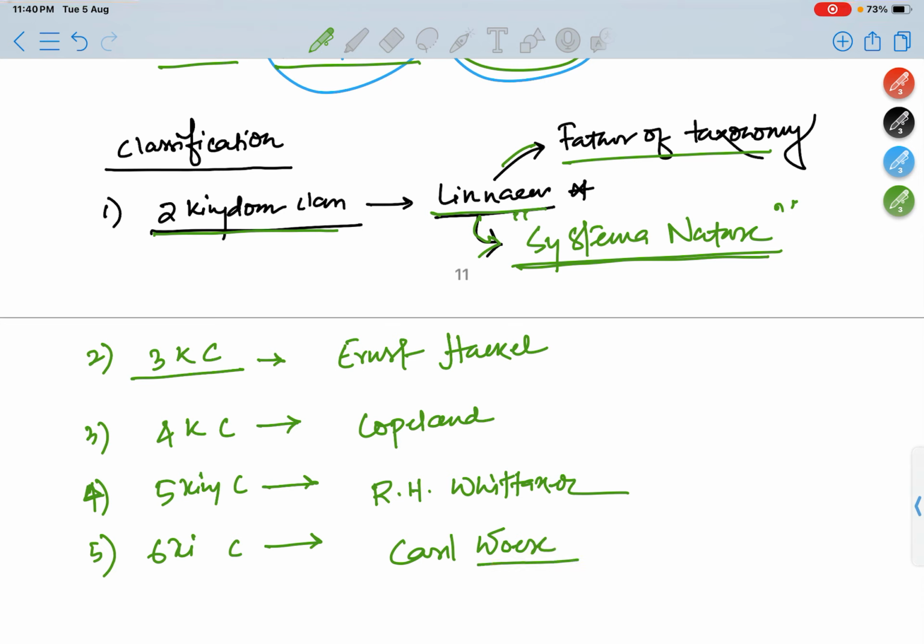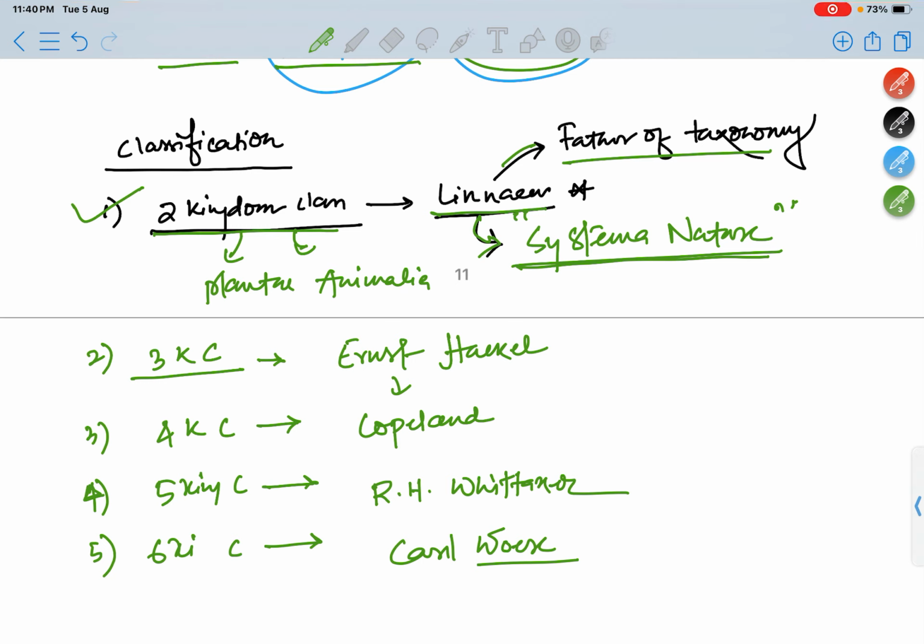Now, in every book, whatever book you open, whether it may be Lucent or anything, everywhere they will talk about the two kingdom classification. In the two kingdom classification, the kingdoms were Plantae and Animalia. In three kingdom they have added one. In the fourth kingdom they have added one more.